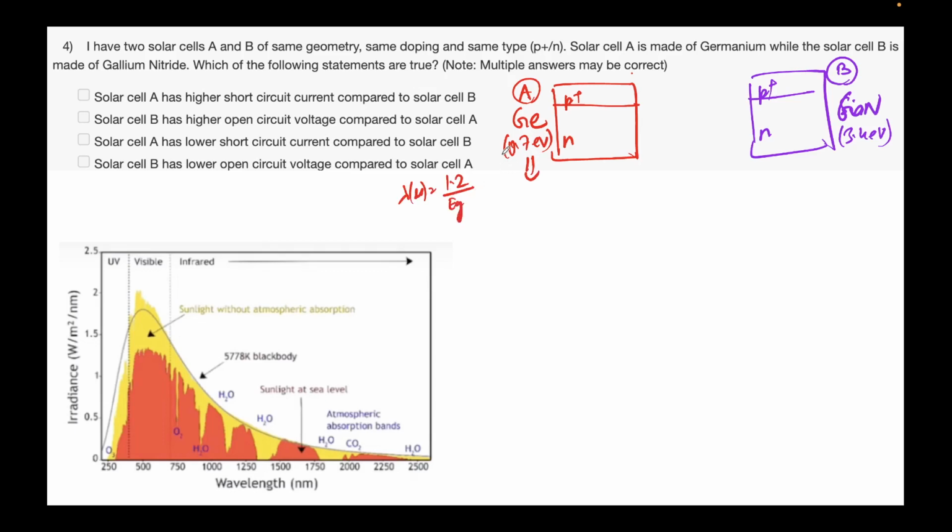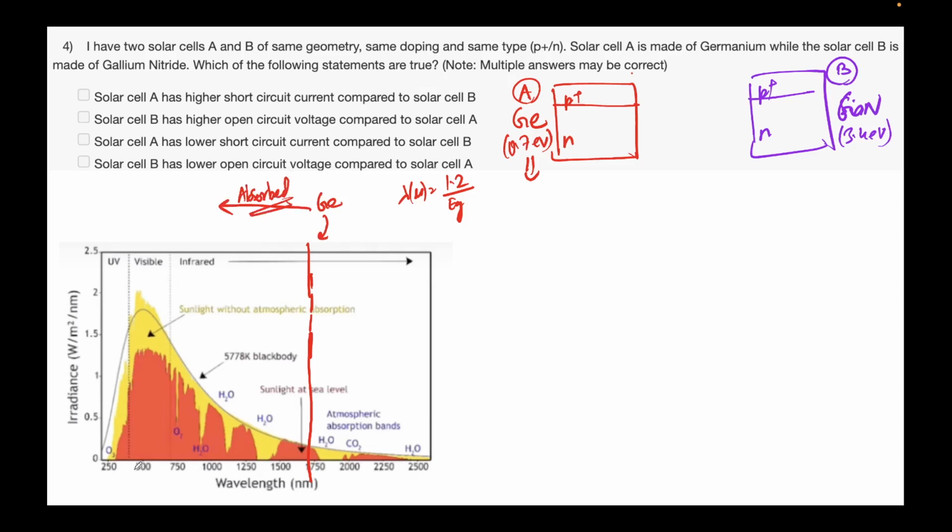Let me get my calculator: 1.2 divided by 0.7 comes out to around 1.7 microns. Let me draw this here. This will be my germanium. Germanium will absorb everything over here.